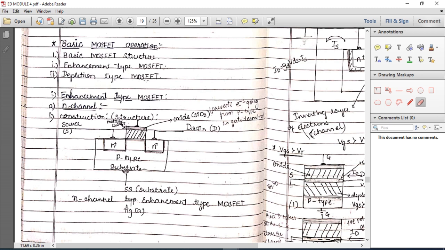Here, in enhancement type MOSFET, again we have two types. One is N-channel enhancement type MOSFET and the second is P-channel enhancement type MOSFET. That we will understand once I explain this enhancement type MOSFET, why we call them N-channel and P-channel.